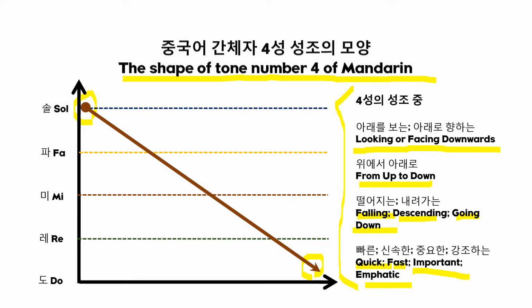So from the tone number 4 shape, we can derive these four fundamental conceptual elements. This is the way I have addressed tone number 1, 2, and 3.